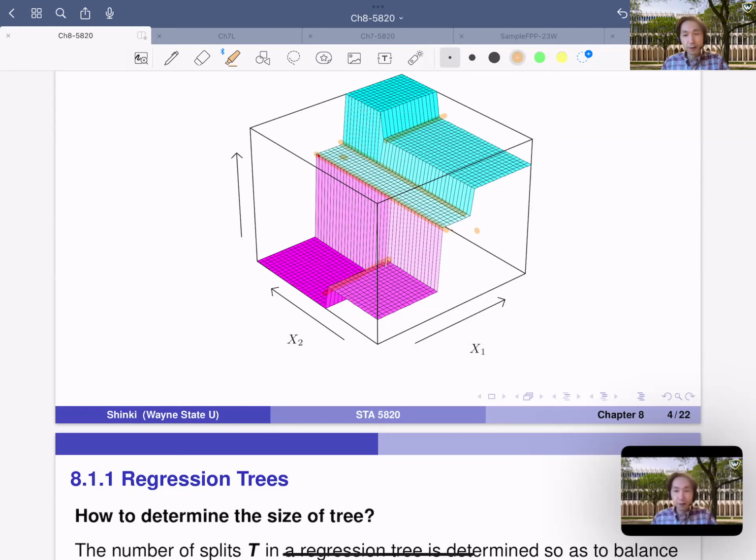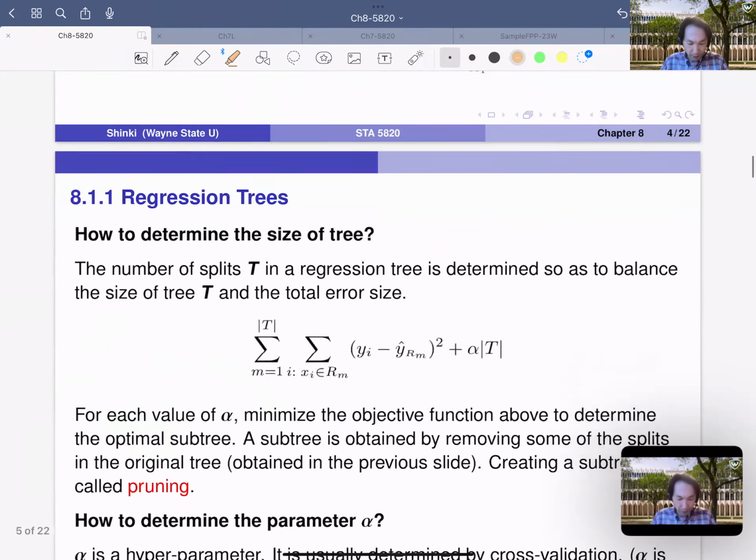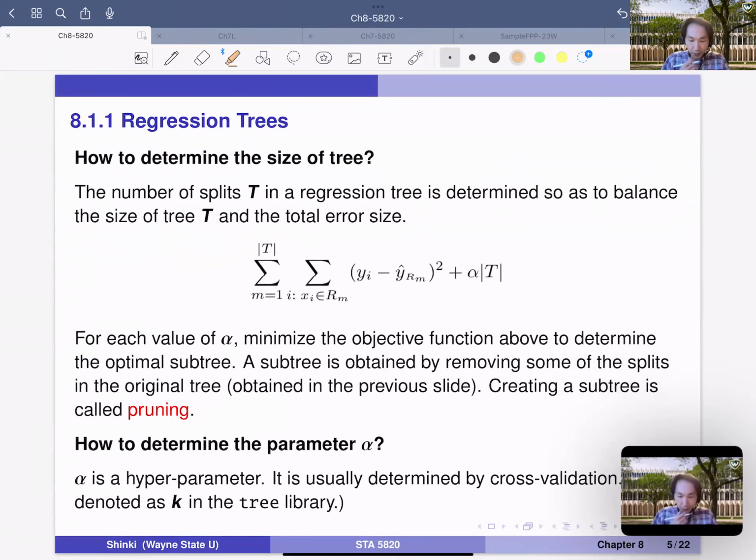Of course, if we have 100 observations and we make 99 splits, then every observation has its own region, and the training fit is 100% correct. So the error becomes 0, but that is usually overfitting. So how to optimize the complexity of the tree? That is the next topic, how to determine the size of the tree.